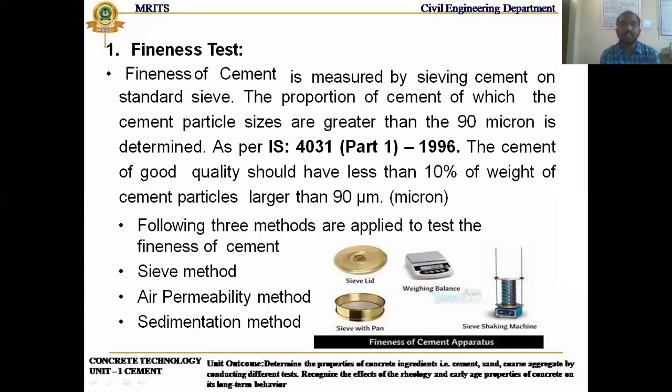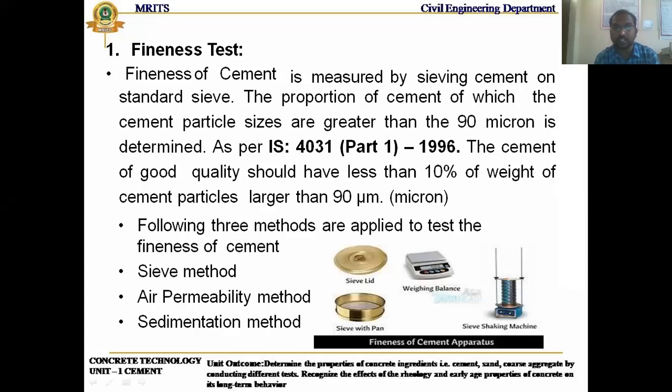In the sieve method, first we take a sieve and the cement. We need to weigh the amount of cement which we need to sieve, and put it into the pan of the sieve, with a size of 90 microns or depending upon the particle size. It is sieved manually by hand or by the sieve shaking machine.